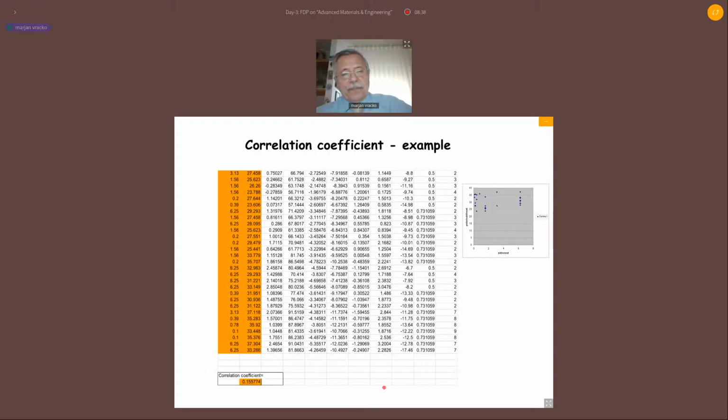Here is just a very simple example. Our data space with 27 molecules and 10 descriptors, we can calculate the correlation coefficients or the covariance matrix between different variables. For example, first and second, we get very low correlation coefficients, and we can see that there is no correlation here.